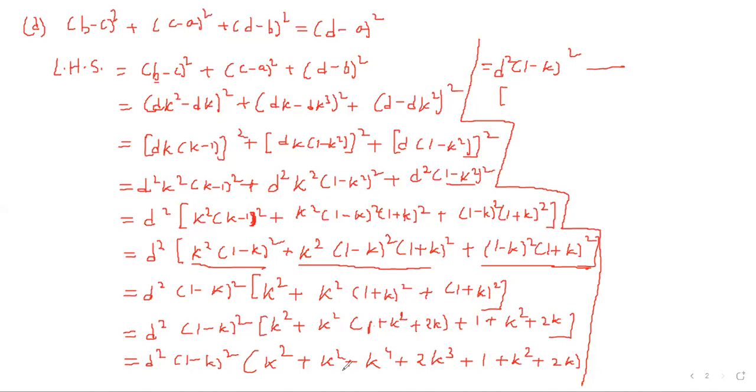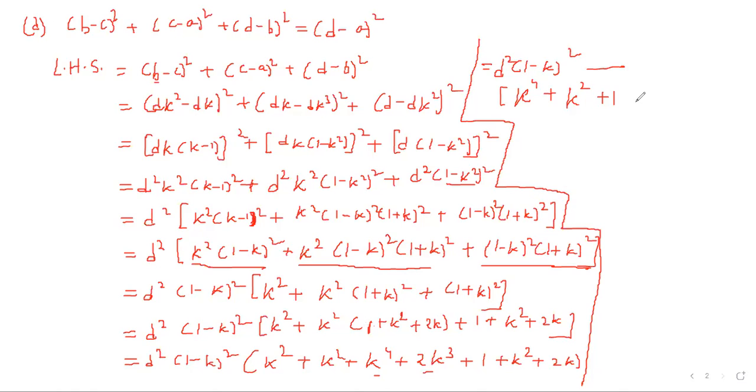So k square plus k square plus k square is 3k square. And the largest power is k to the power 4, plus k square plus 1. I am not writing 3k square as one term. Why?